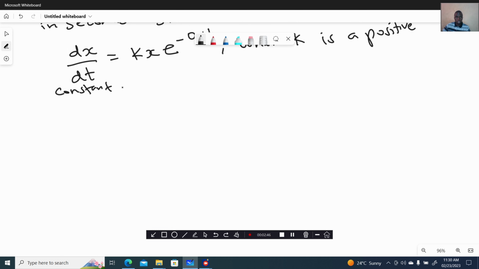It is given that x equal to 20 at the start of the reaction.